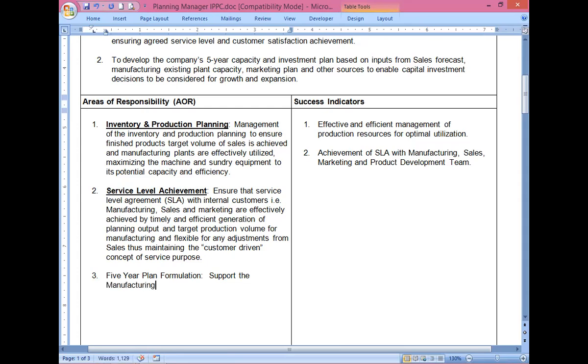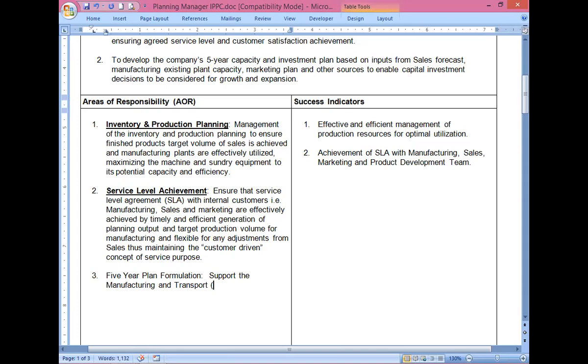Actually, this is not the planning department's initiative. You're just supporting in terms of your planning, okay, doing the planning. But this is the initiative of the manufacturing and the sales division, okay? And also transport is doing their support, supporting in terms of logistics.